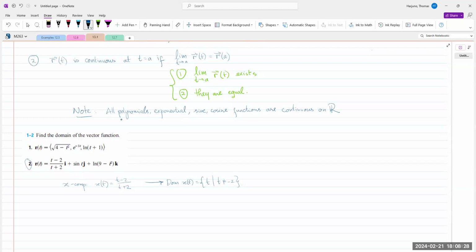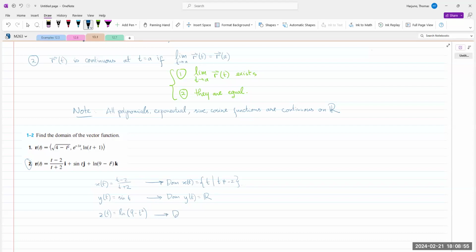The y component, y(t), we have sine t. The domain for sine is all real numbers. And then for the z component, that's ln(9 minus t squared).